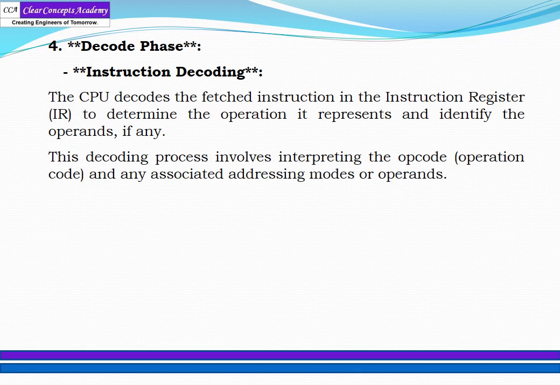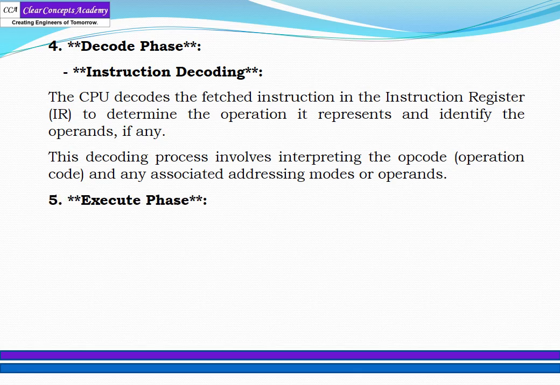Or there may be a push instruction, where the address from the program counter is pushed onto the stack pointer, or a pop instruction, where it gets the data from the stack. So depending on the instruction decoded, the further operation will be performed. This is the instruction decoding stage.